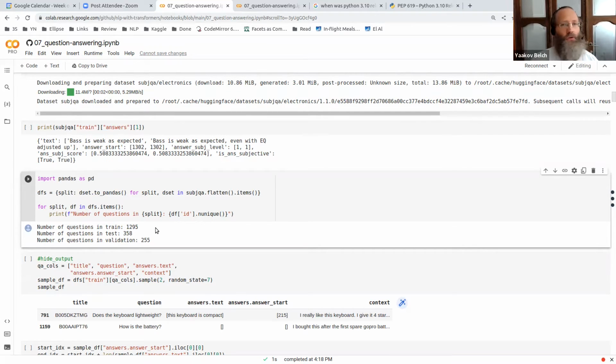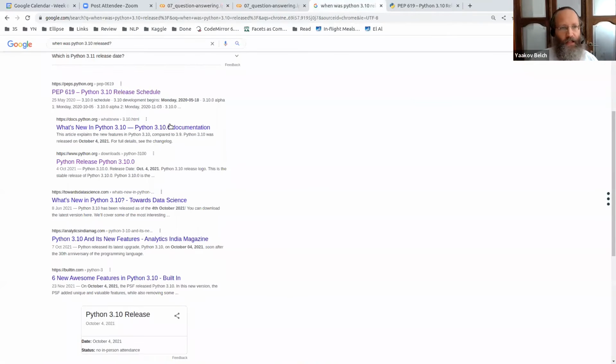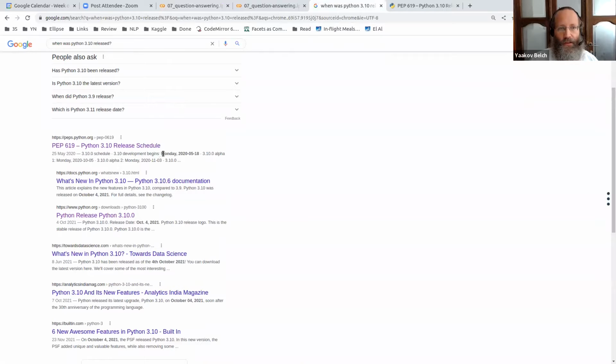Look at the example over here: this looks like a good answer. It's related, obviously, to the question which you asked. But when you do that, you train a model to even produce false positives, because it never saw a question which doesn't have an answer.